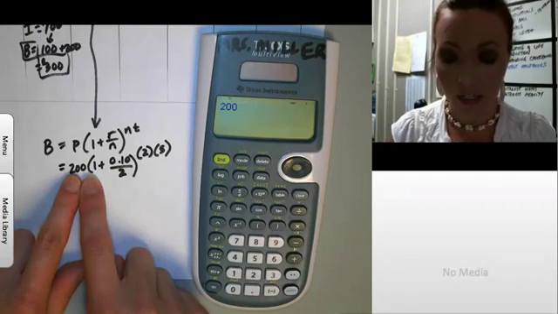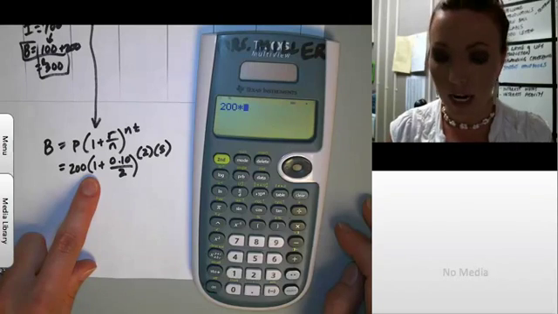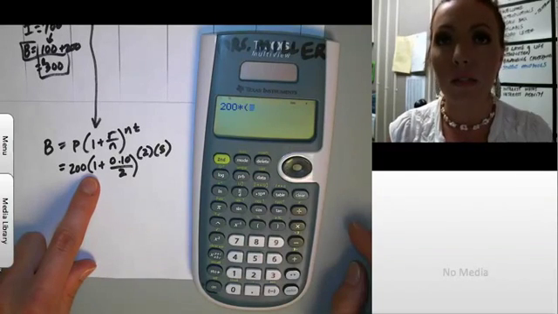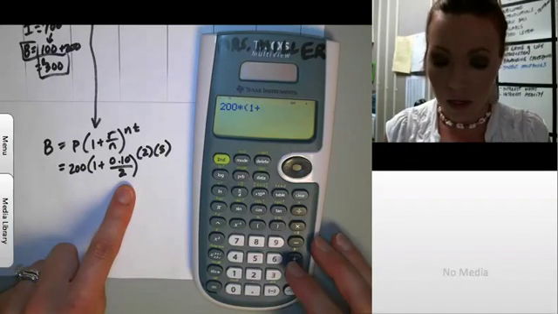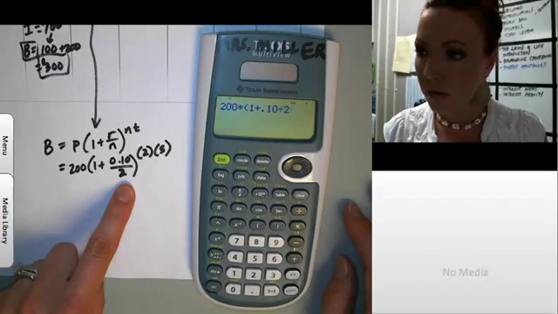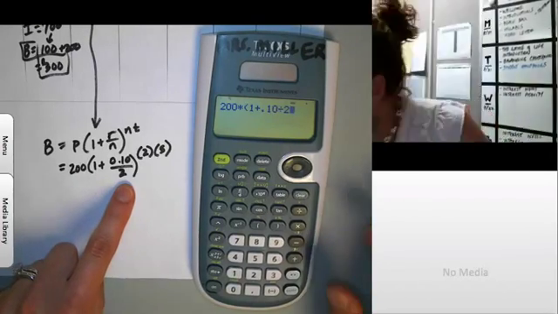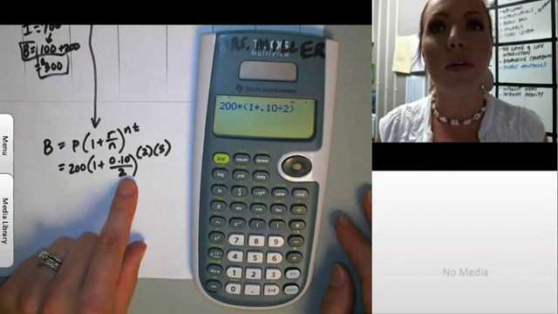So I'm starting at 200, then hit times, and then you're literally following it here. Times open parentheses, 1 plus 0.10 divided by 2, end parentheses. Okay, remember the exponent button?